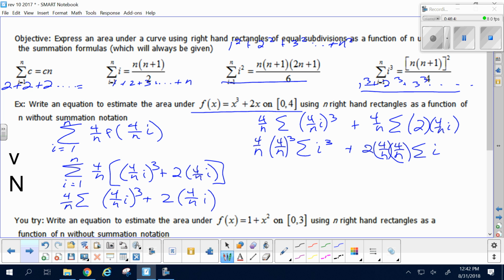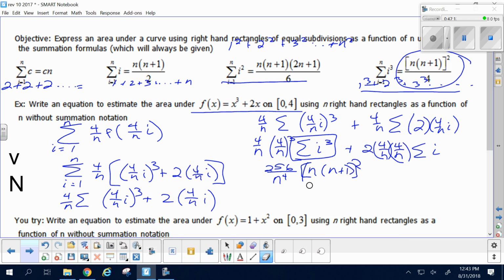All right. Altogether then, I have something like 256 over n to the 4th. And this sum of 1 cubed plus 2 cubed plus 3 cubed through n cubed, there's a formula for that. Rather than adding all those cubes, the formula, dependent on the n, is that it adds to n times n plus 1 quantity squared over 4.